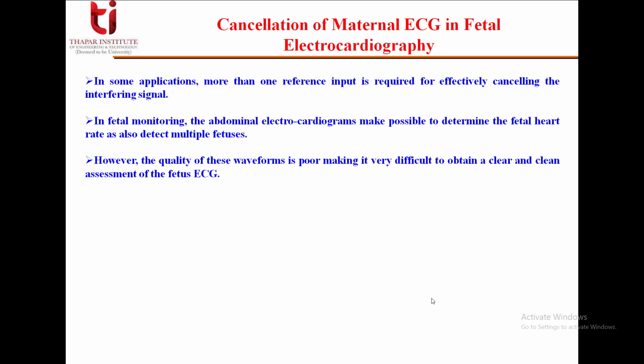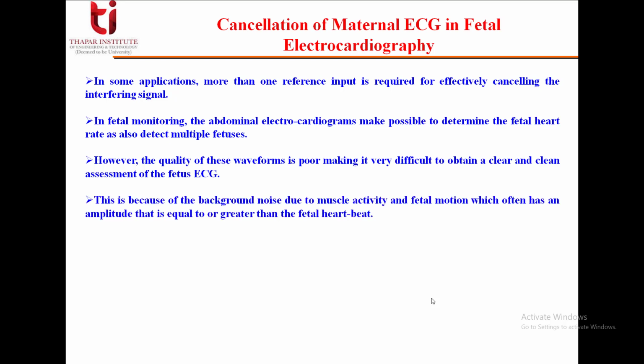However, the quality of these waveforms is poor, making it very difficult to obtain a clear and clean assessment of the fetal ECG. This is because of background noise, which may be due to muscle activity and fetal motion, which often has an amplitude equal to or greater than the fetal heartbeat.